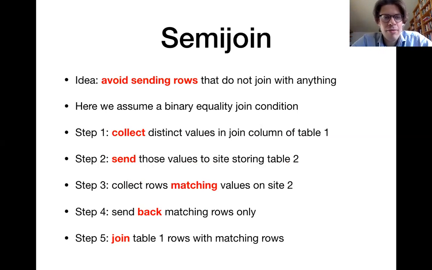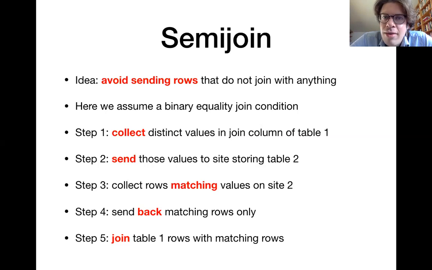More precisely, we do the following steps. Here we assume that we have an equality join condition, which was the case in the query that we have seen because we had a natural join. And in that case, assuming also one single join column, we would first of all collect the distinct values in the join column of the first table at the first side.